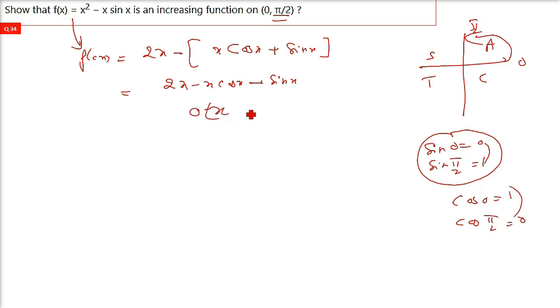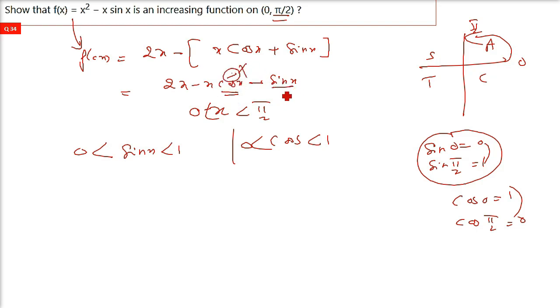Alright, so if x is between 0 and pi by 2, sin x is between 0 and 1. Cos x is also between 0 and 1. I told you 0 and pi by 2 are the interval. So sin x and cos x are both positive, and any value of x between 0 and pi by 2 is also positive. So 2 into positive minus positive into positive minus positive is going to be what?